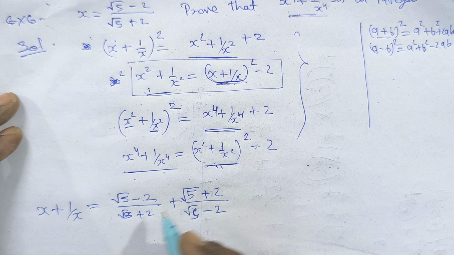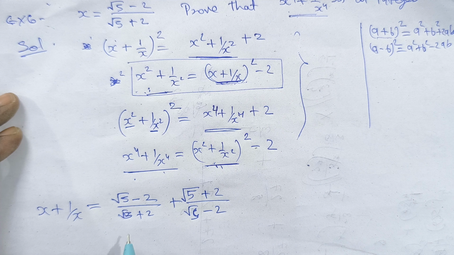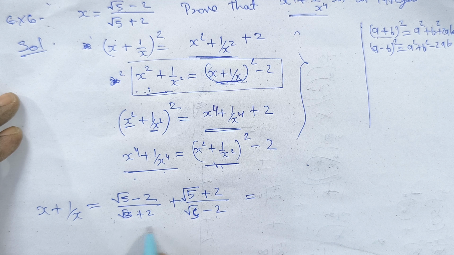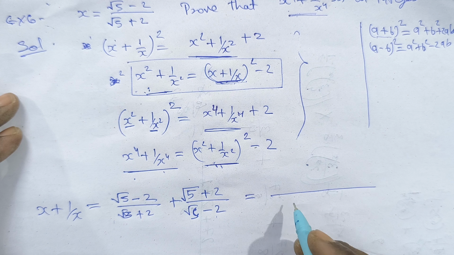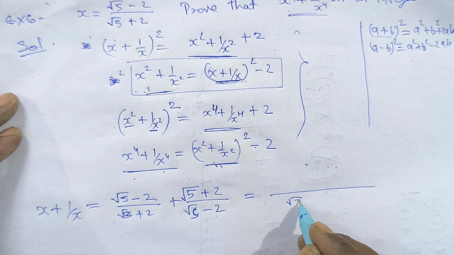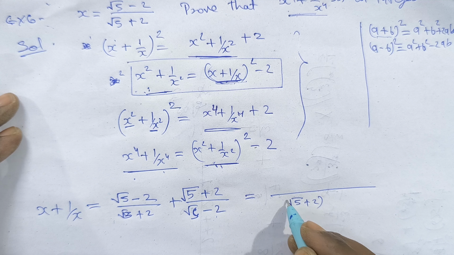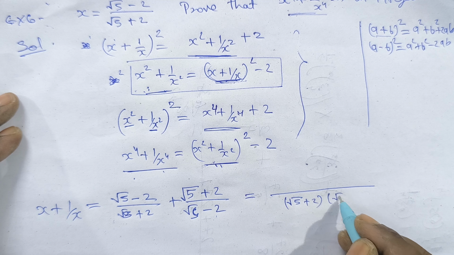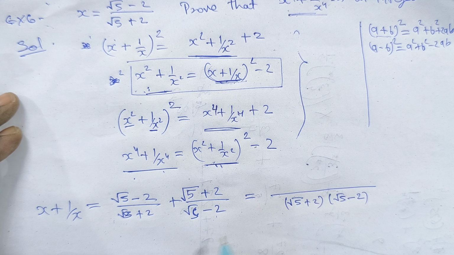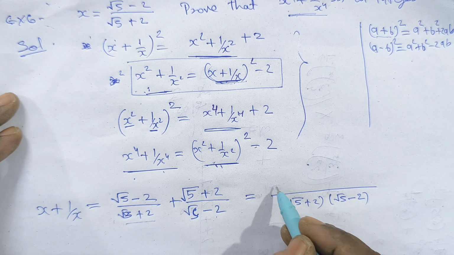There is no need to multiply, because these are already rationalized numbers. Just take LCM. If we take LCM, it will be root 5 plus 2 whole square, root 5 minus 2.